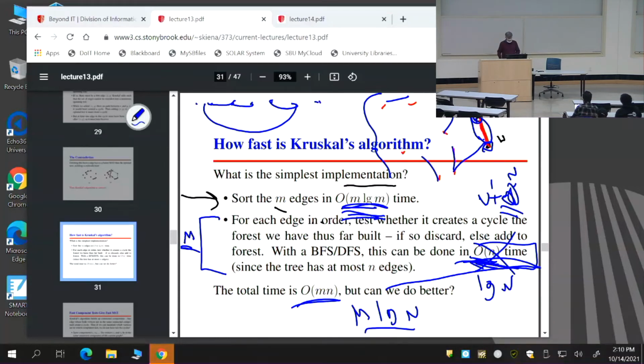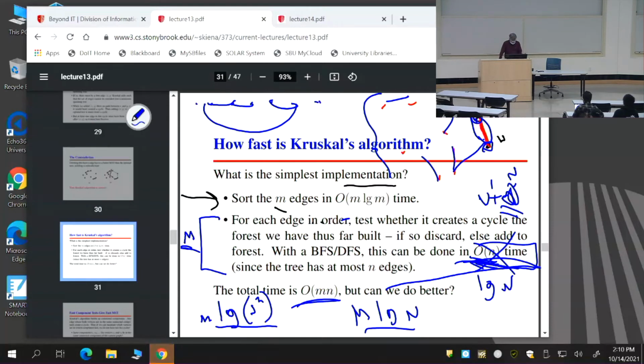What is the biggest that m can be? What is the biggest in terms of n that m can be? N squared. What is m times log of n squared? What is the log of n squared? Does anyone know how to take what the log of n squared is?